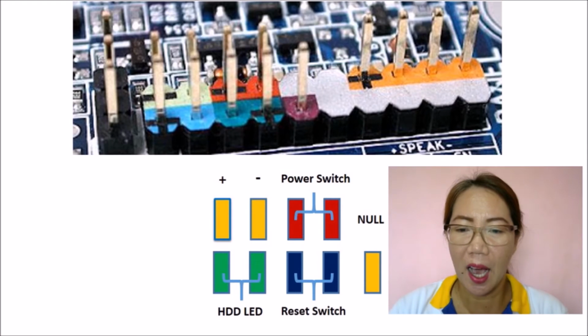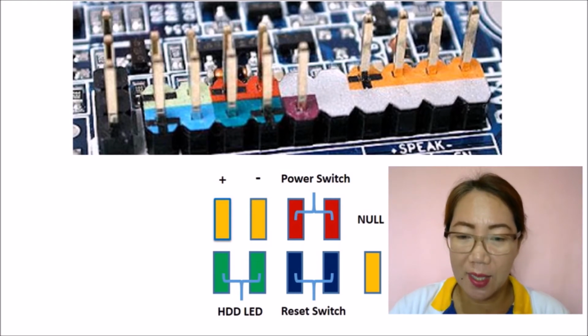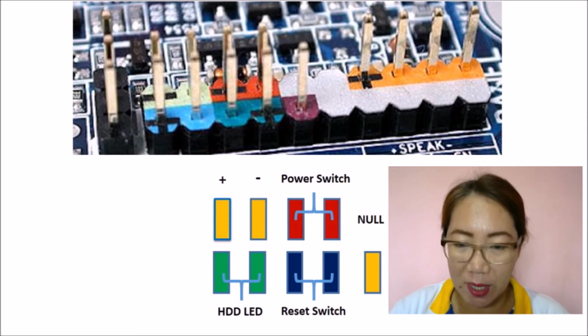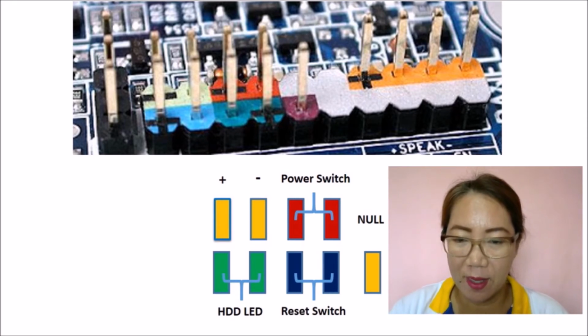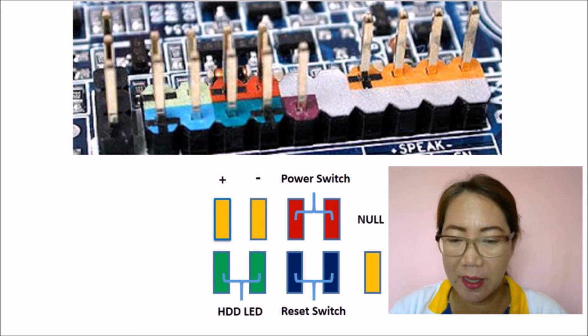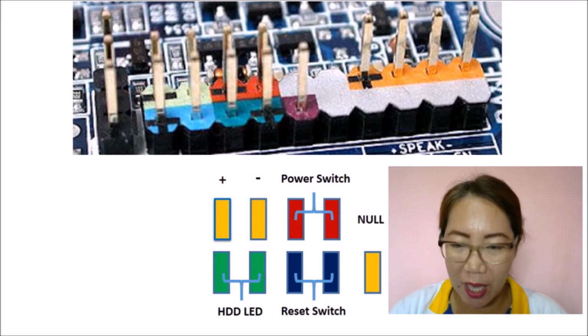Okay, so let's take a look at the diagram. You see, after the null is the power switch, negative, positive. Then the other side is the reset switch and HDD LED. That's the color coding for it.